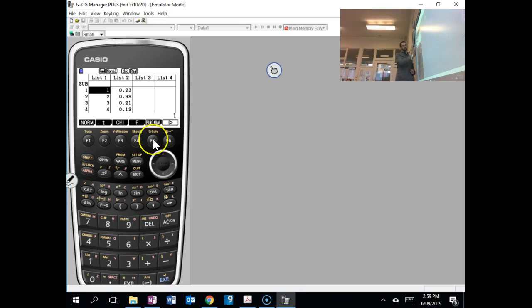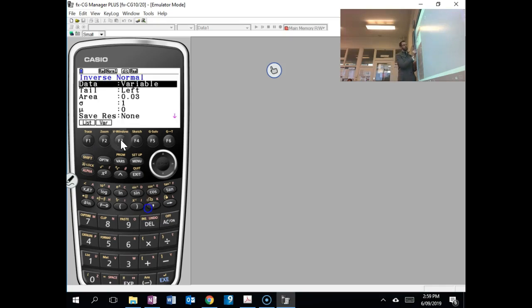We'll take a distribution and go to normal. We're going to do an inverse normal because we've got an area, but we want to find a value.